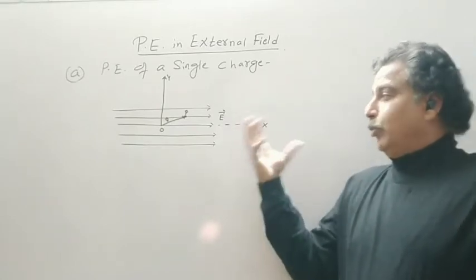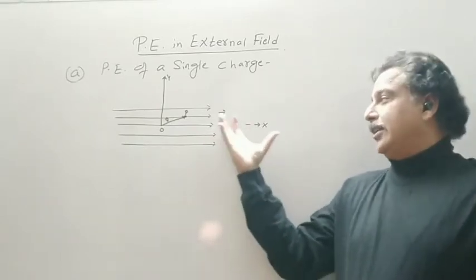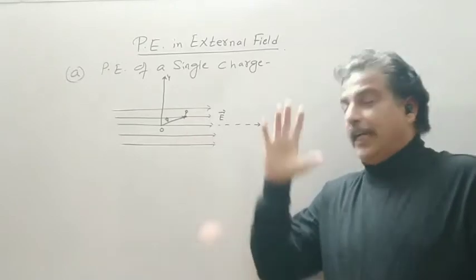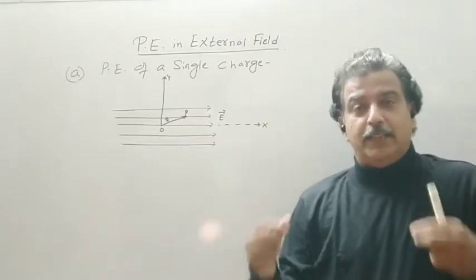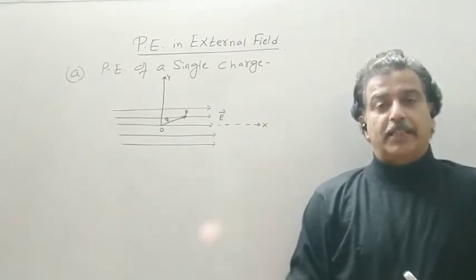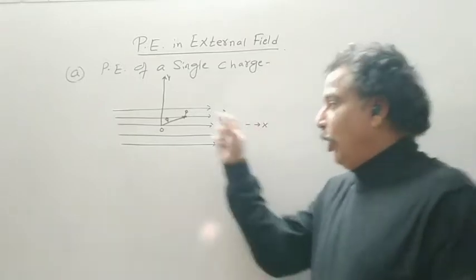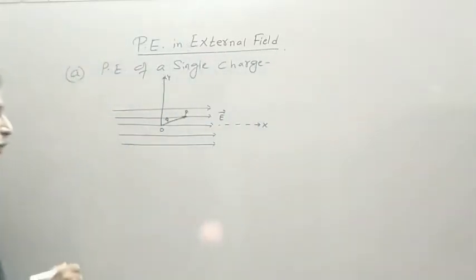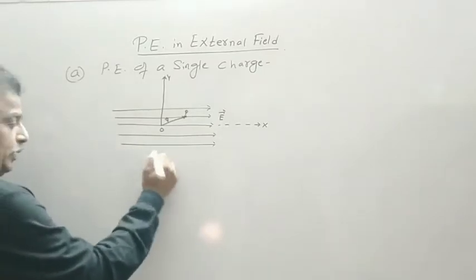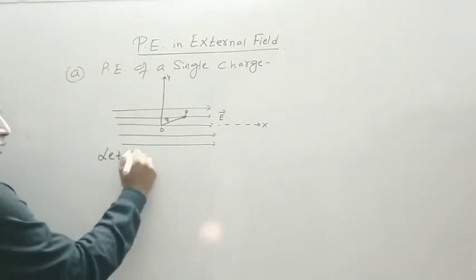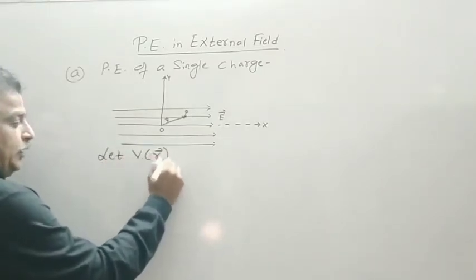So this potential is created by the external field already at point P, and let the potential due to the external field E vector at point P be denoted, with the symbol we use, by V of R vector.